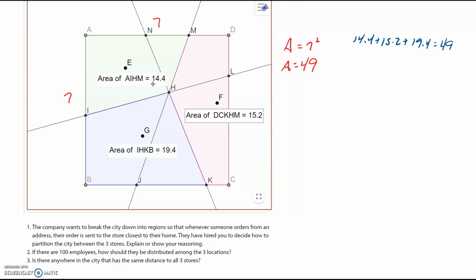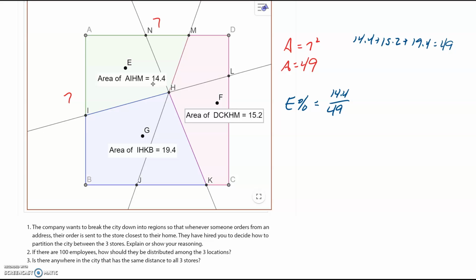So what we want to do now is figure out what percentage of the area each store is responsible for. We will do E first. To find the E percentage, we're going to take the area of E, which is 14.4, and divide it by the total area.